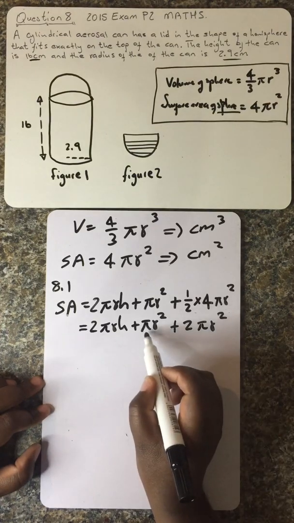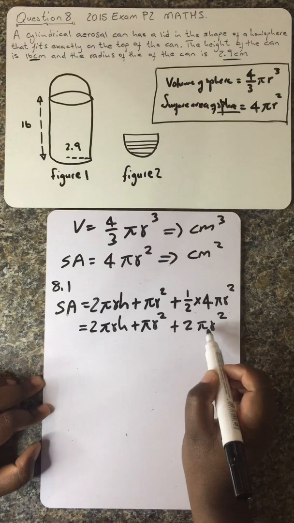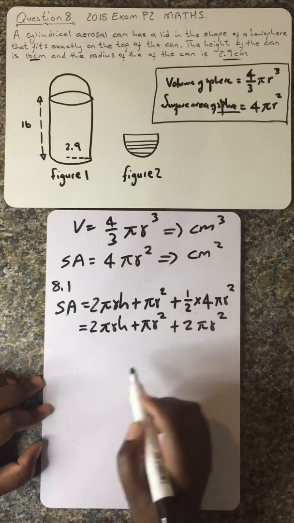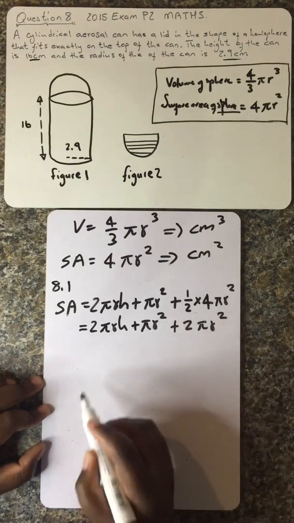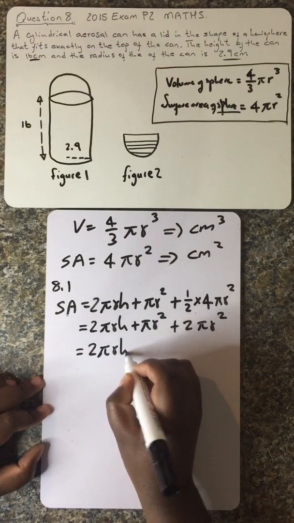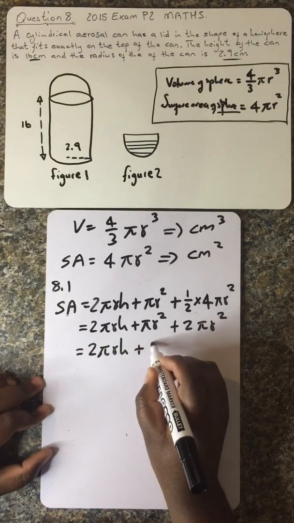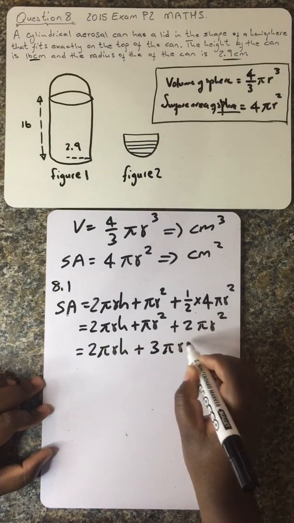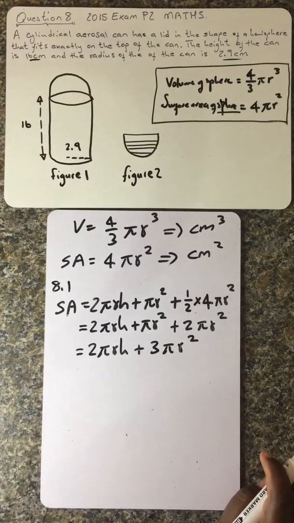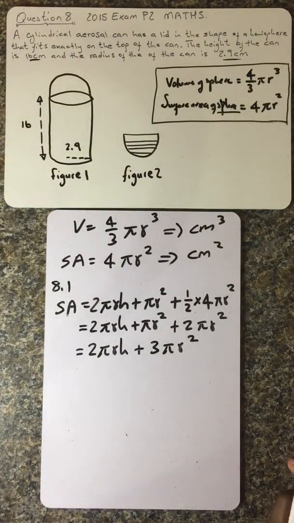So you've got one pi r squared and two pi r squared. Then you can just add these two, and you have 2 pi r h plus 3 pi r squared.